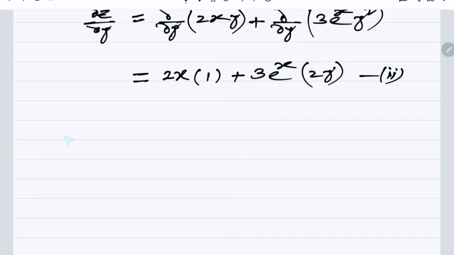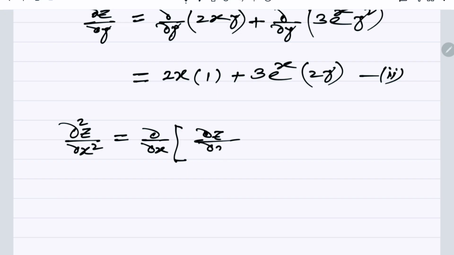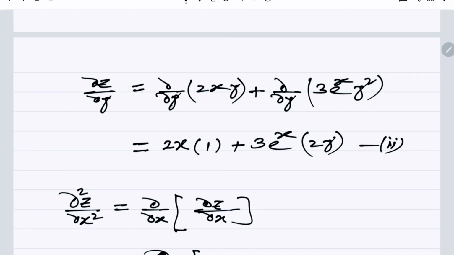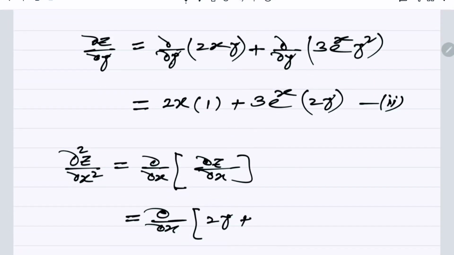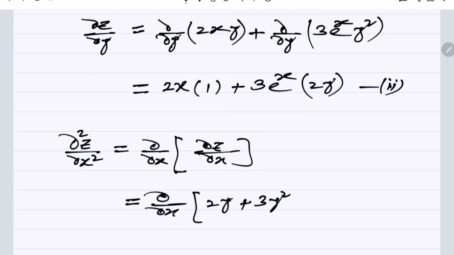Then dou 2z by dou x square, second order derivative of z with respect to x. For that we have to differentiate dou z by dou x again with respect to x. Therefore, it is dou by dou x of the value of dou z by dou x from equation 1, which is 2y plus 3 e raised to x into y square.